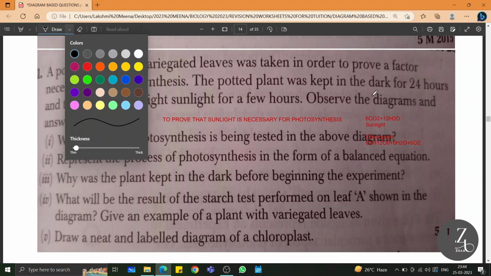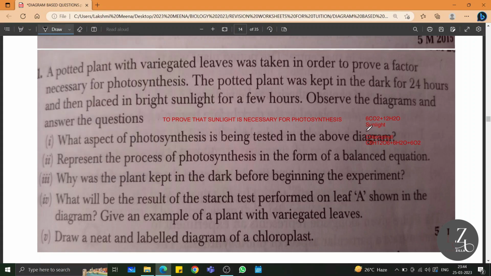So, what is the balanced chemical equation? 6 CO2 plus 12 H2O in the presence of sunlight and chlorophyll gives us 1 molecule of glucose C6H12O6 and 6 H2O and 6 O2. Okay. This is the well balanced chemical equation of photosynthesis.